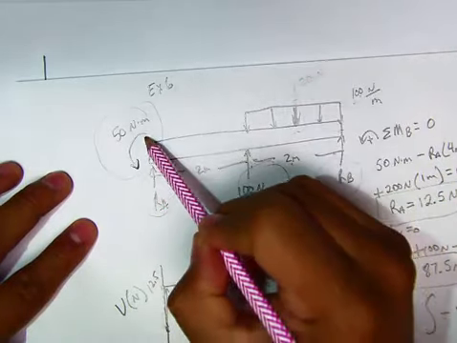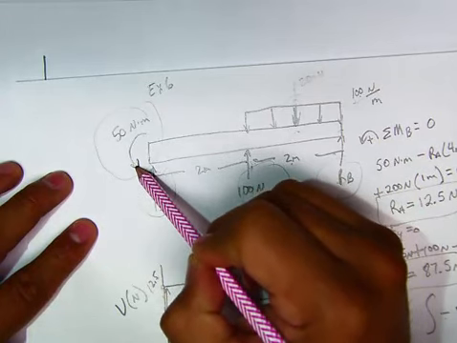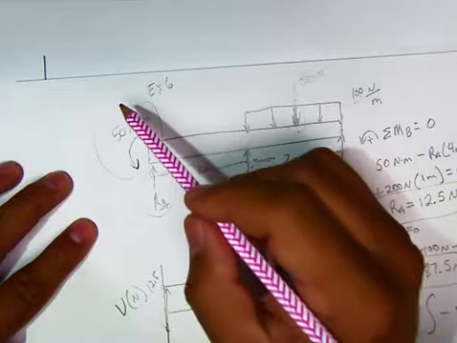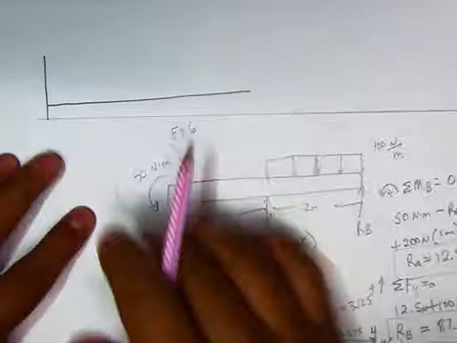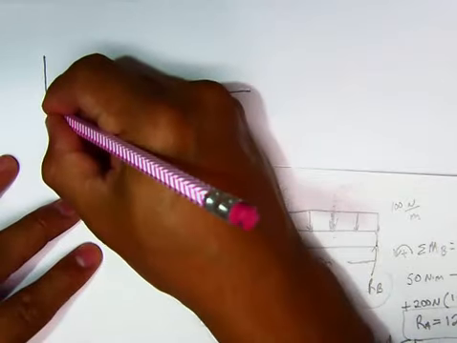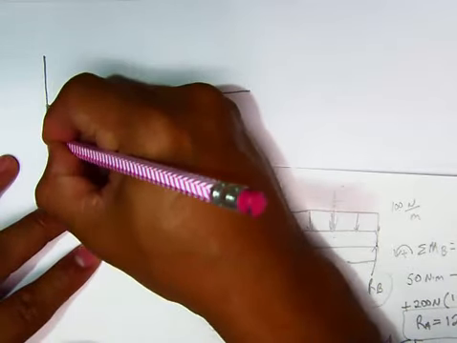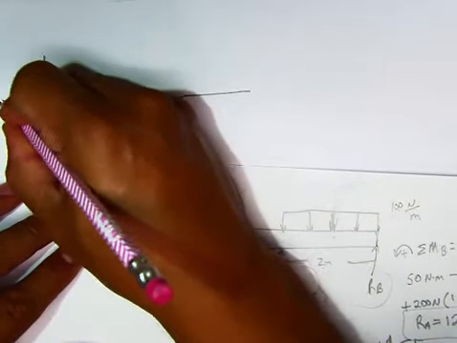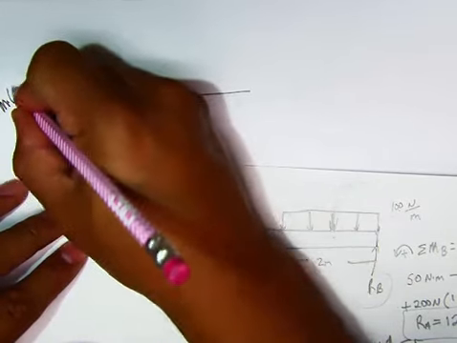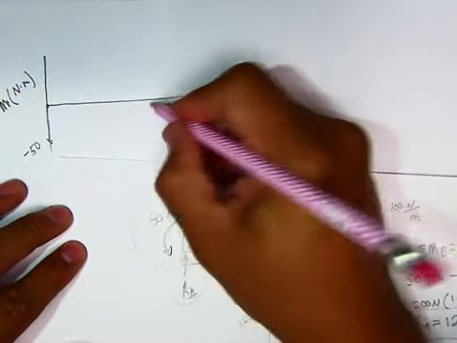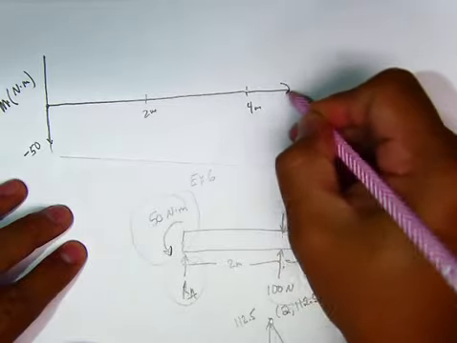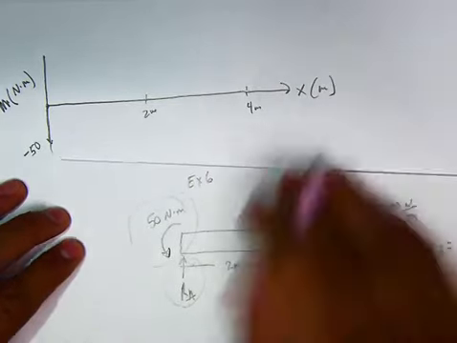Again, I repeat, whenever we see a counterclockwise moment, it's actually a negative jump. So since we're starting from left to right, this is a negative jump, and it just starts at 0 and it jumps down to negative 50. This is again for your moment, and your units are Newton meters. This is 2 meters, this is 4 meters, this is our x in meters.